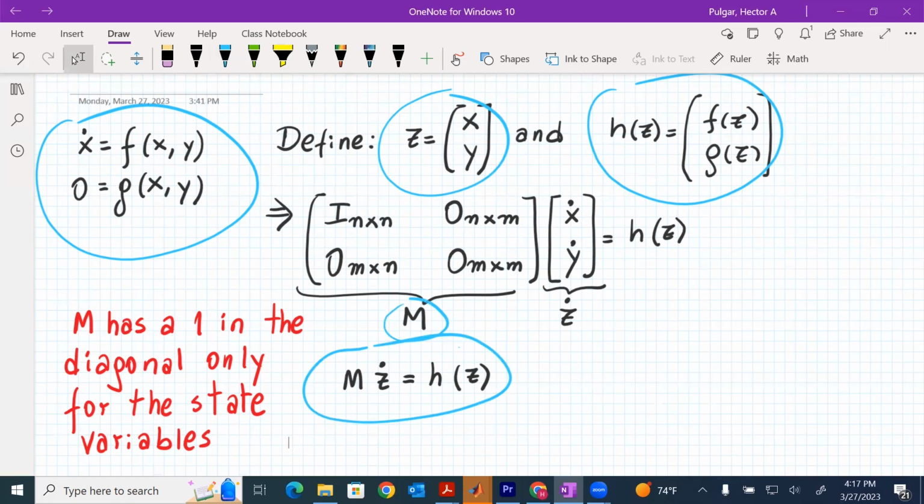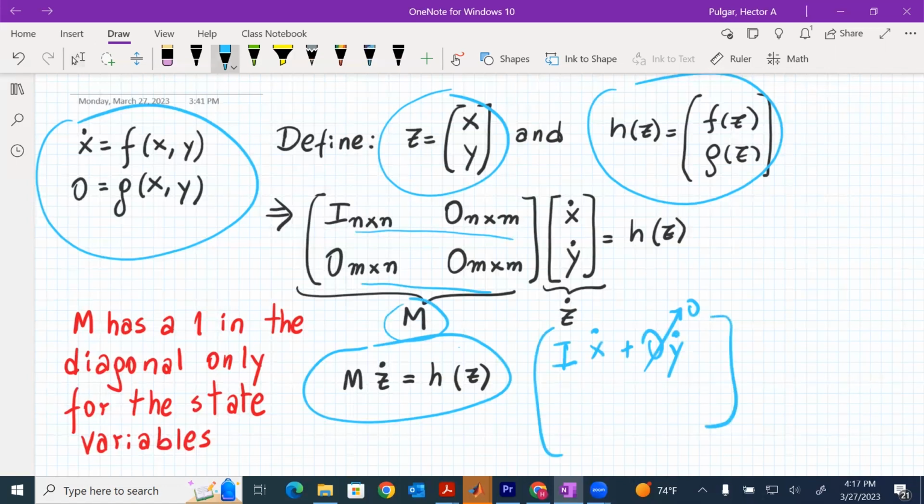As you can see here in this equation, we can do the multiplication for the first block of this set of equations. And we're going to have I times x dot plus 0 times y dot. Of course, this term will be 0.